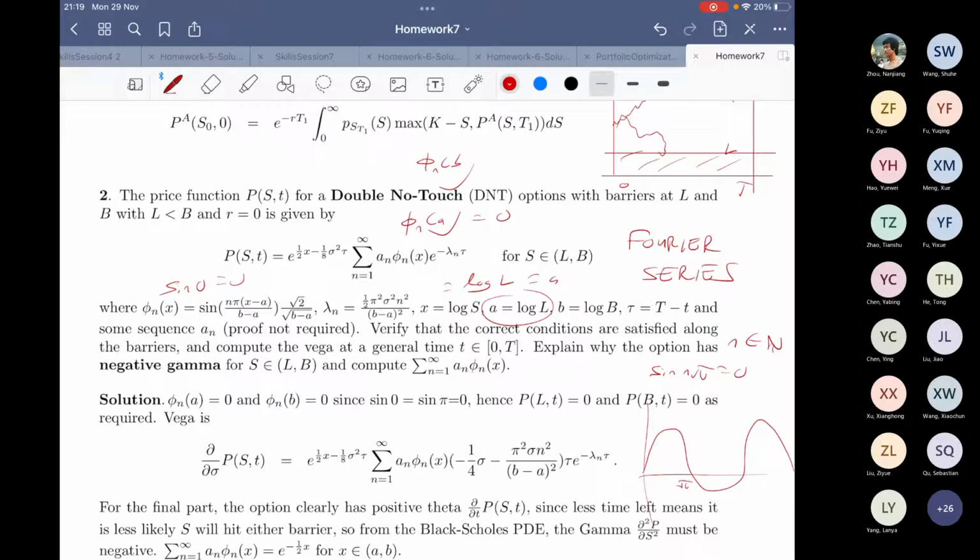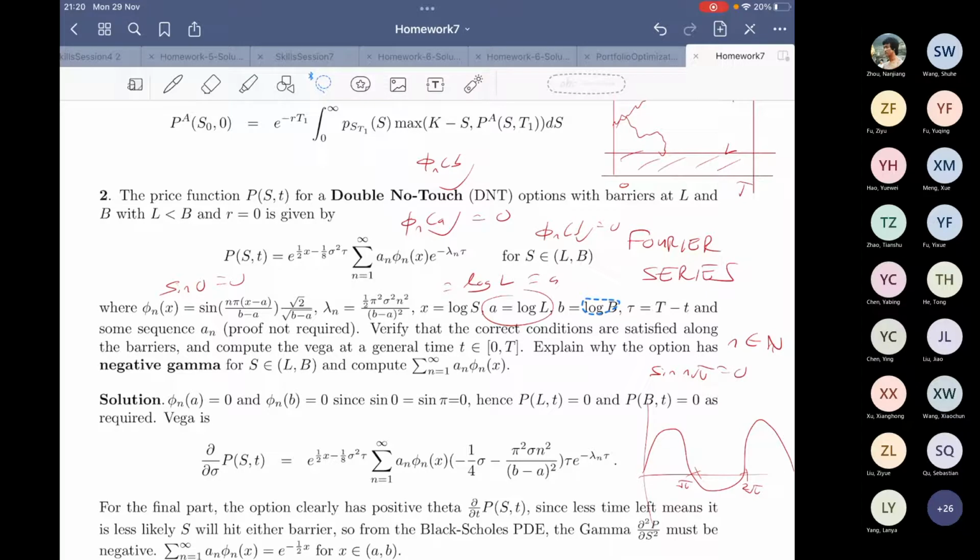Yeah, I think that must be right. So 2 pi and so on. For this reason you do have to assume that n is an integer, and n is an integer in this formula. So phi n of b is also 0. Even though you've got a messy formula, every term is 0 if the stock price is at level B. So we verified at least the two boundary conditions are satisfied.